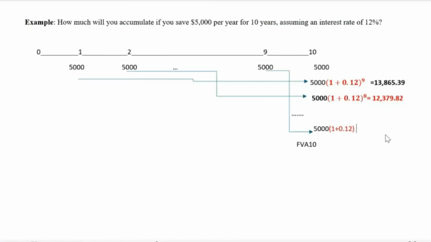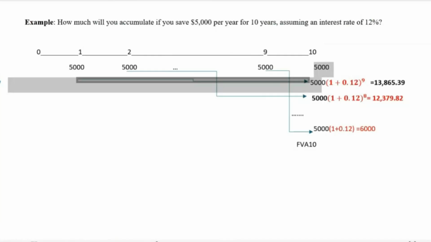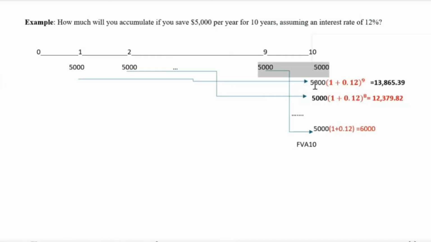So the ninth one will be 600,000, and the last one 5,000. If you close your account by the end of 10 years, it hasn't earned interest. So you add all these 10 together, it's the answer to my original question.